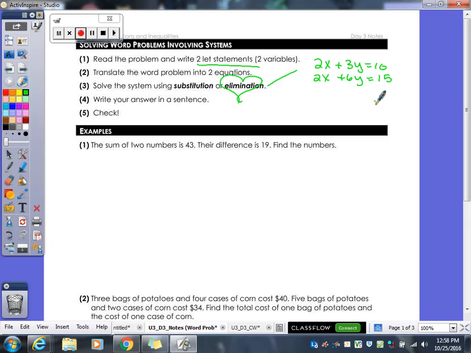Substitution ones look like this, where one of them is x equal or y equal, and you circle one and you plug it in, just like we went over on the homework, okay? So they're either going to be substitution or elimination. Most of them are elimination method, okay?